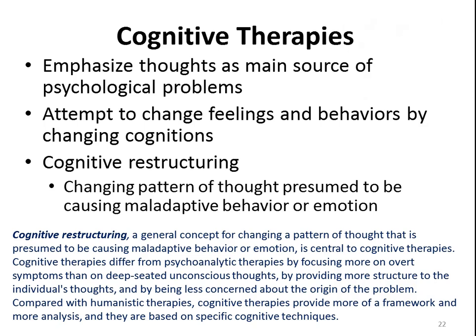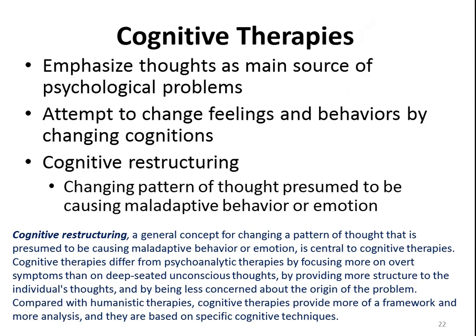I start to think this is it. I'm going to get an F. I'm going to fail the course. I go all out with it. Distortion. So we challenge the distortion, trying to help people put it in perspective and see that it's not all or nothing. And if we can help them do that in the moment, then they'll be able to reduce their anxiety, reduce their fear, or even improve a mood state where it's depressive kind of thinking.